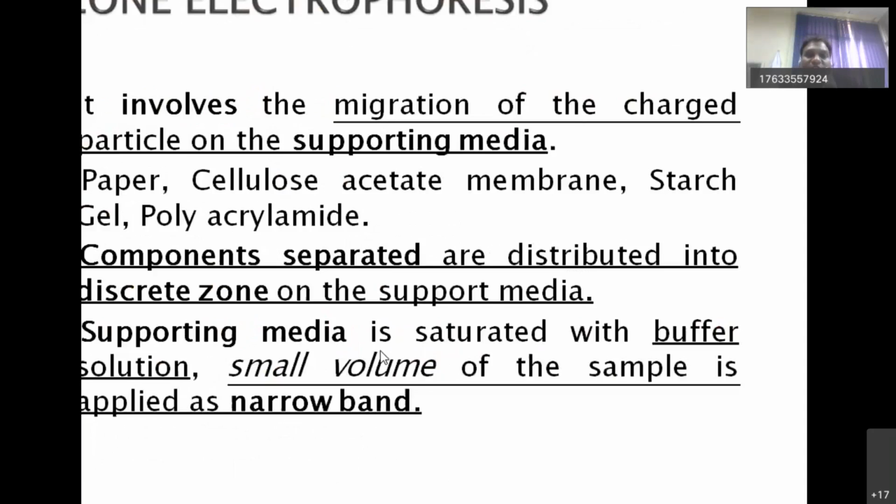So let's move to zone electrophoresis. It involves the migration of the charged particle on the supporting media. The supporting media can be paper, cellulose acetate membrane, starch, gel, polyacrylamide, anything.